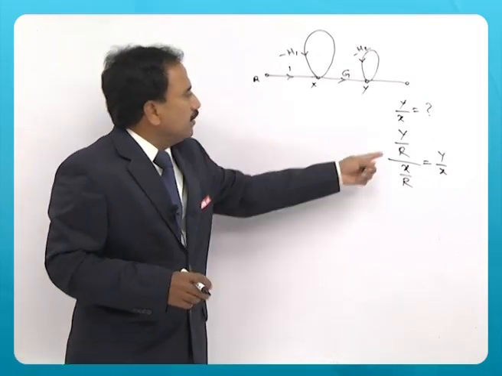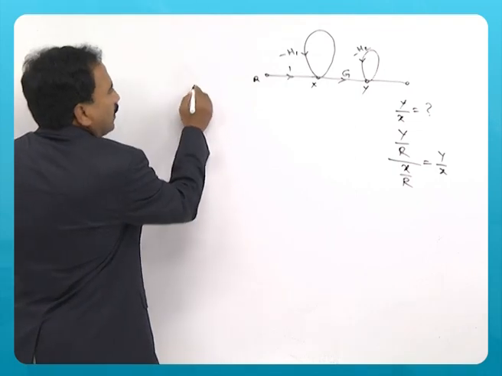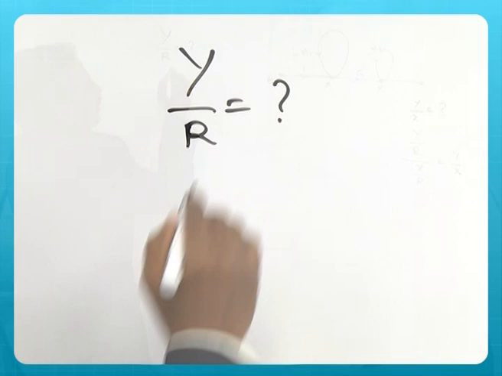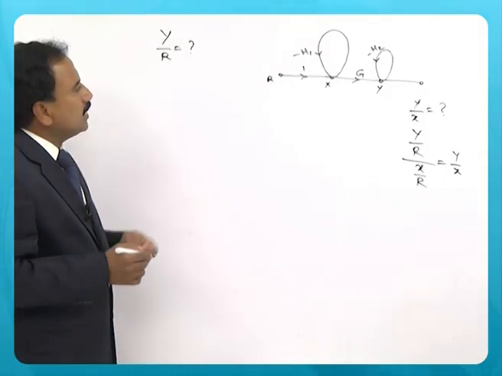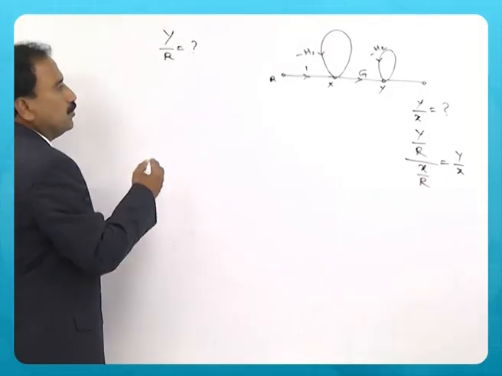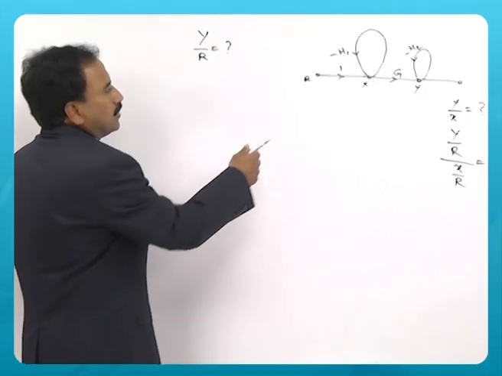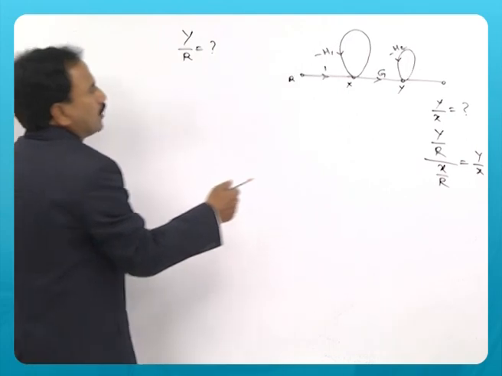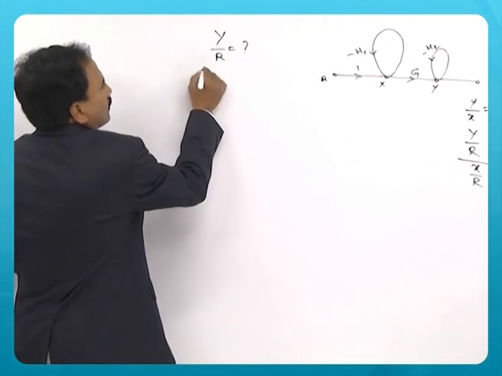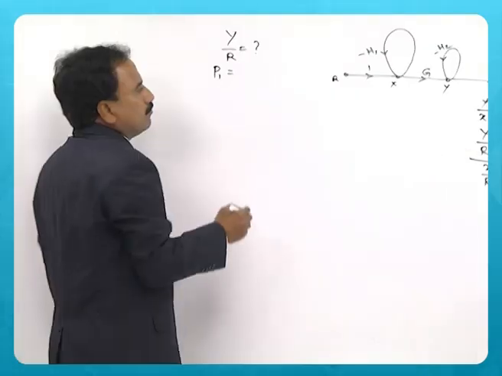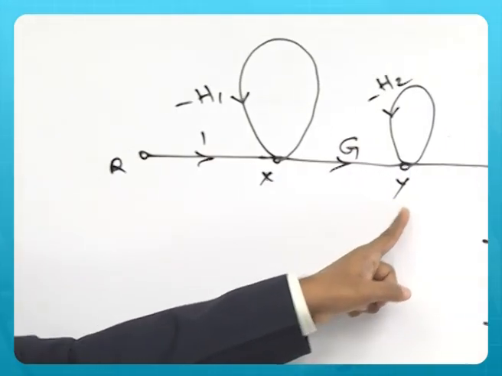So let us find out first what is y by r. Assuming y as output, you need to identify the forward path gains. There is only one forward path from r to y. That is P1, equal to the gain of this particular path.